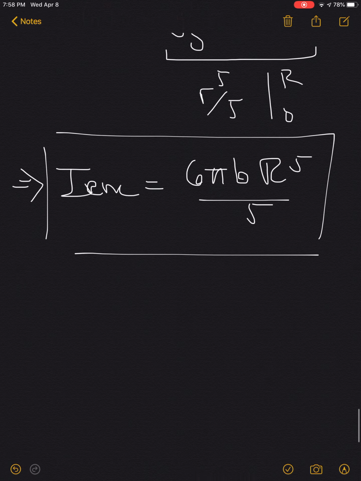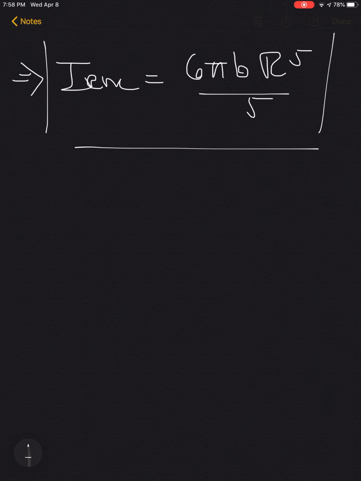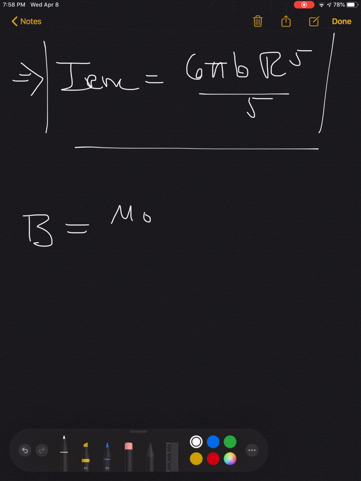So now, if you want to find B, this is going to be equal to mu. Well, actually, we didn't write this out completely. So let's start with that.